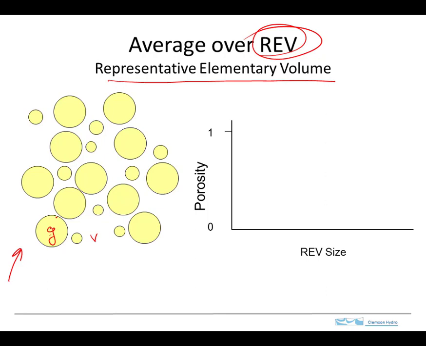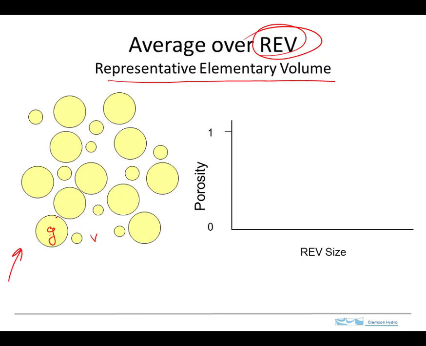And the important thing to realize is that we've got two materials, grains and voids. And we need to describe this situation with just one number. That's the ratio of these two.